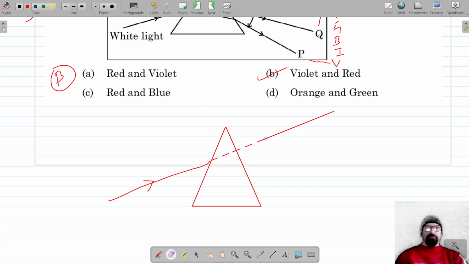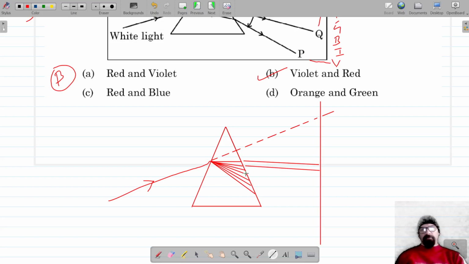I'm going to make the straight path a dotted line. Here the dispersion takes place, and the constituent seven colors get dispersed: one, two, three, four, five, six, and seven. If I place a screen here, I will get a spectrum, that is a band of seven colors.